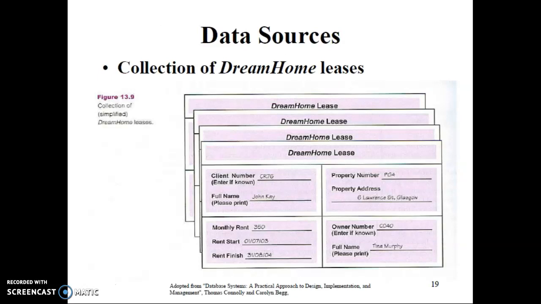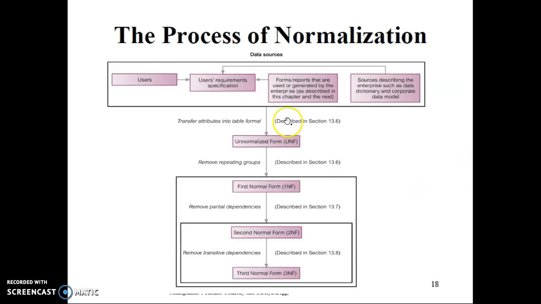If you see this diagram, first we have data sources. Before creating tables and a database for any application, first we gather the users' requirements, the data sources. Data sources is the beginning step in any database design. It contains all the users' requirement details needed to design a database.